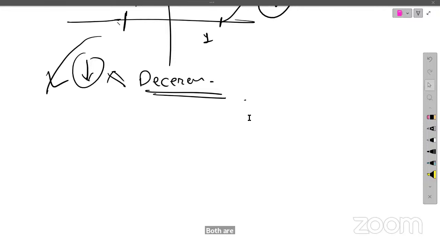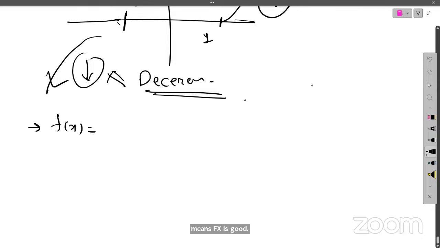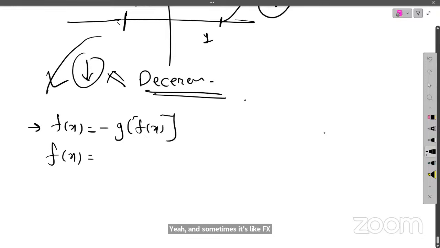I think both are different. Means f(x) equals minus g(x), and sometimes f(x) equals g(minus x). Sorry, what?